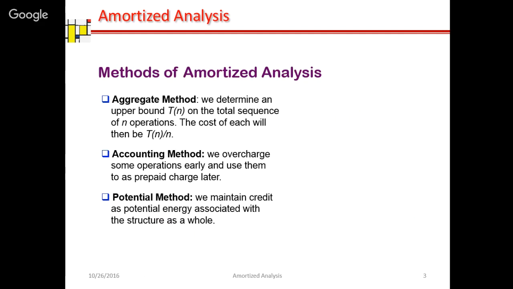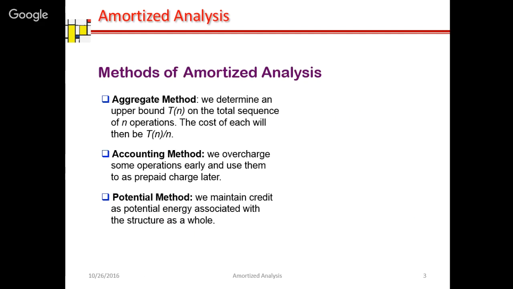In the accounting method, we overcharge some operations early and use them as prepaid charge for later operations. For the potential method, we maintain credit as potential energy associated with the structure as a whole.